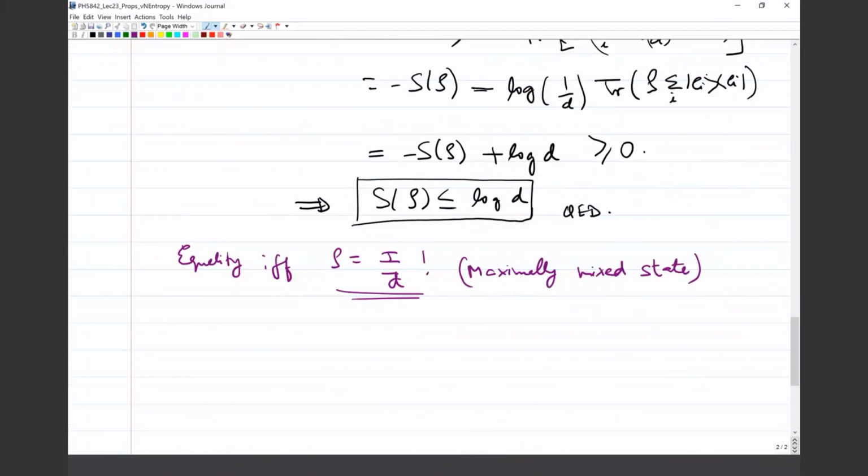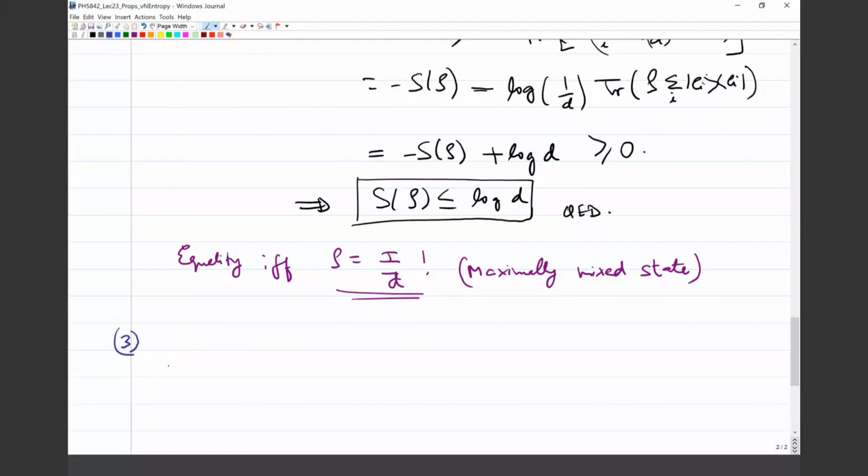Okay, the next property that I want to discuss is subadditivity. But before that, this is an interesting property, so let me note this. Let's start considering joint density operators on two systems.